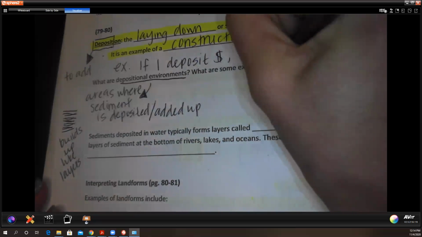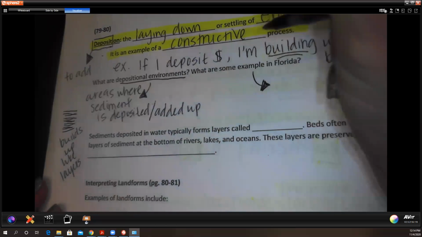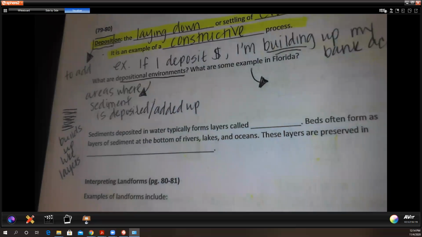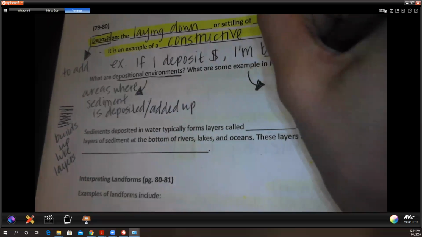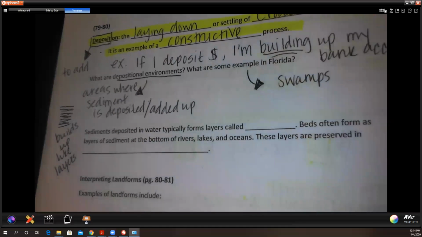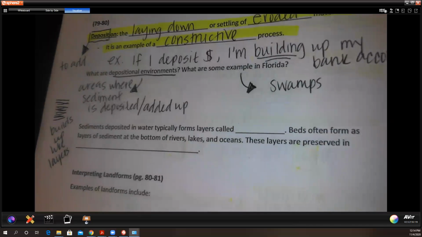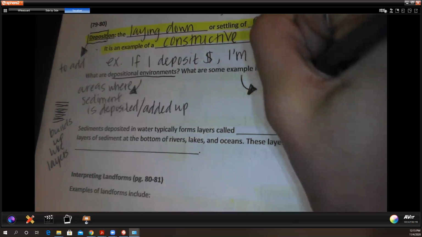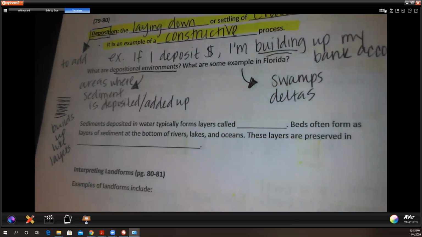What are some examples of areas where sediment is deposited in Florida specifically? You can look back on your text, Joel. Okay, swamps, deltas, beaches, and dunes. Yep, swamps because it's slow moving water. So the water's slow moving, so all that sediment is just gonna settle to the bottom. Deltas.